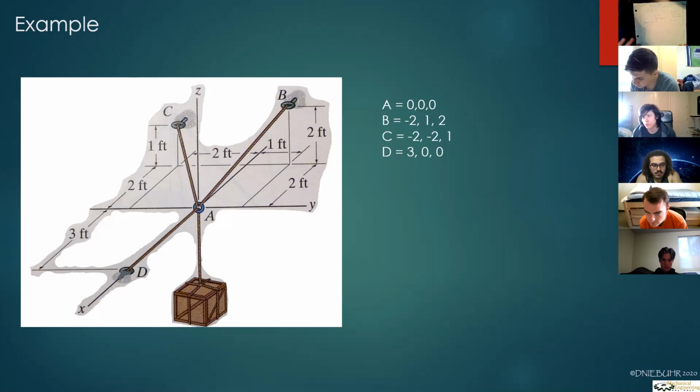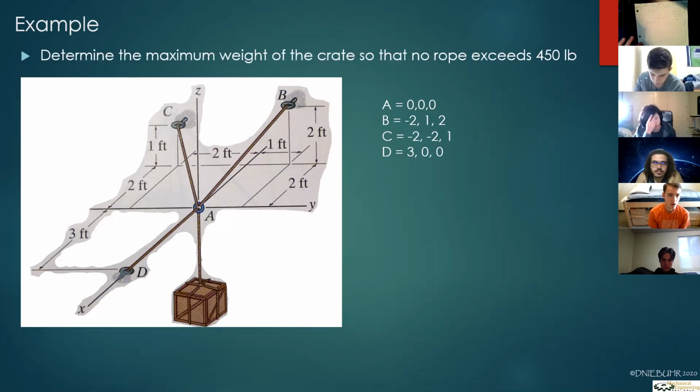So in this problem, you're asked for the maximum weight of the crate so that the tension in the rope doesn't exceed 450 pounds. What you have are these components, A, B, C. Those are the locations of each one.